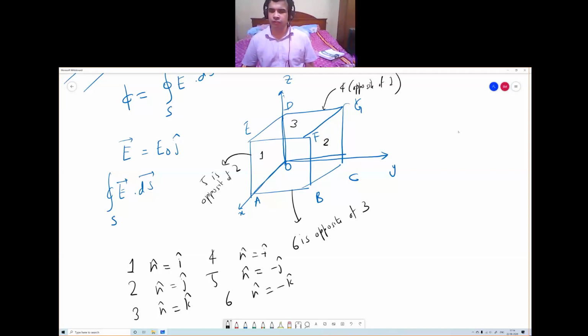Now, which two surfaces will contribute to the flux? For which two surfaces will E dot ds not be 0?